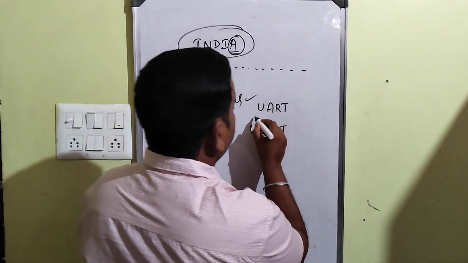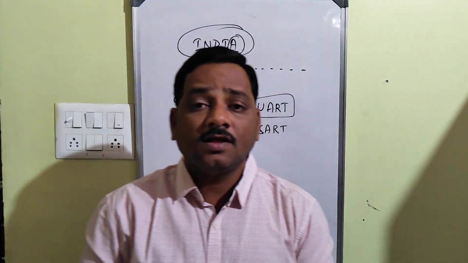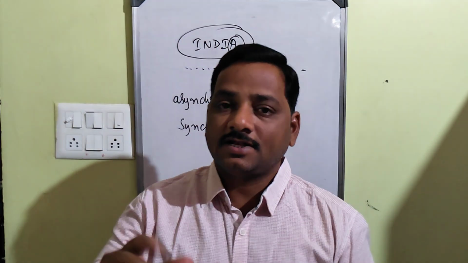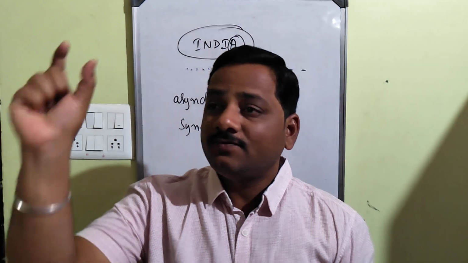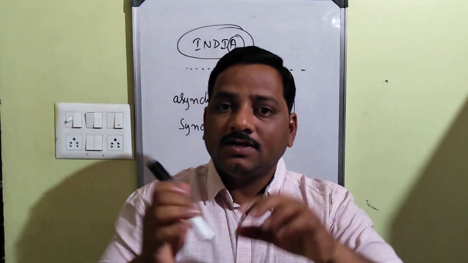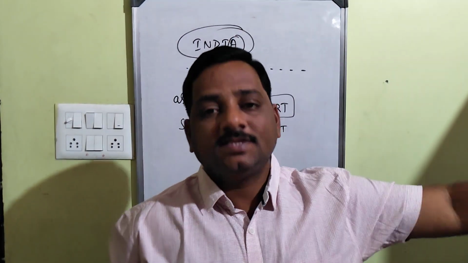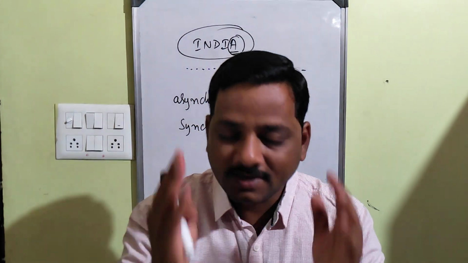By default, we have the UART chip. It means whatever the character, whatever the word you write over there, it will consider 1 byte at a time, and after taking 1 byte, individual bits will be transferred serially. That is called asynchronous transmitting or receiving of data.